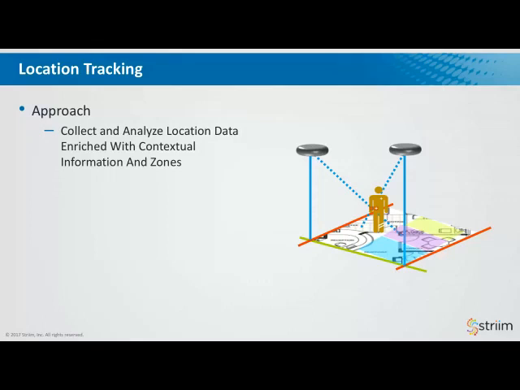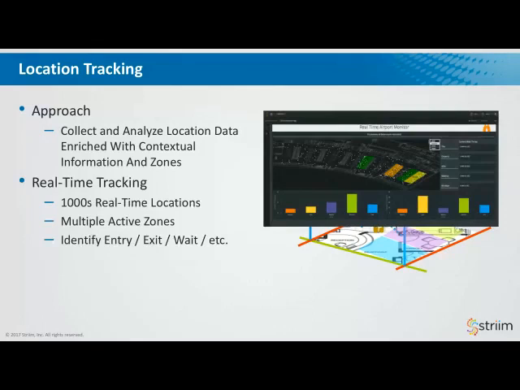We had an example with a partner building an airport monitoring system, and that involved monitoring the locations of thousands of passengers and staff in real time, identifying multiple different zones and looking for when people walked in and out of zones and how long they were waiting there.